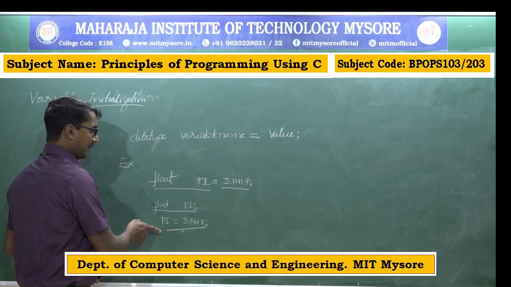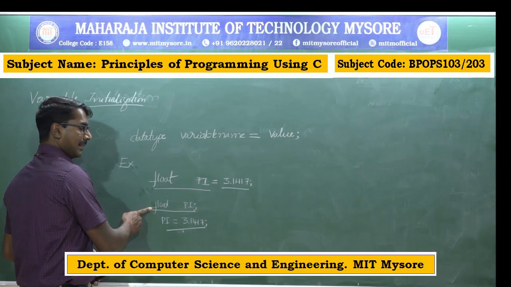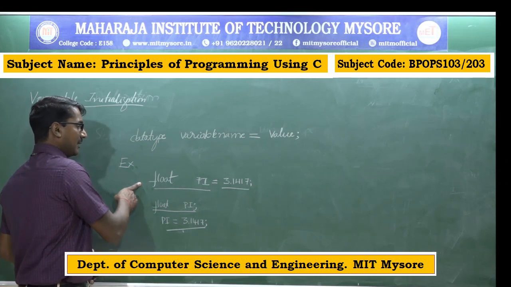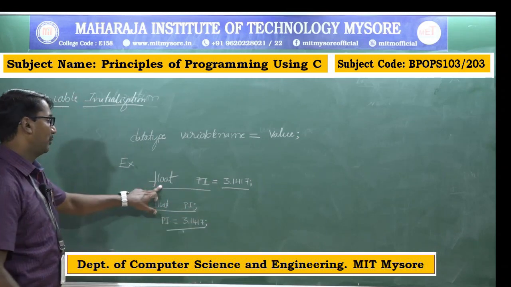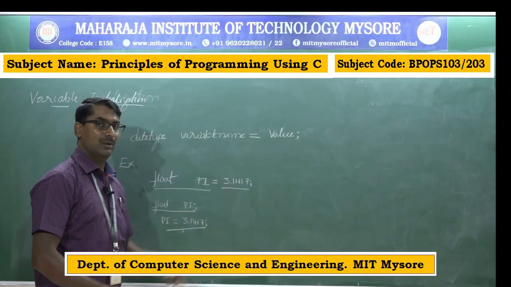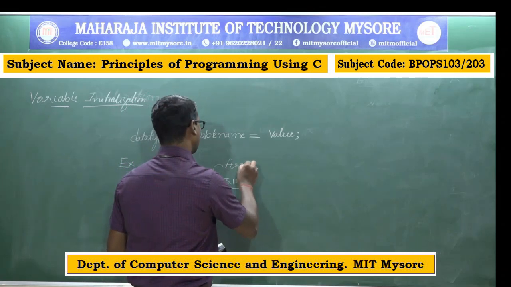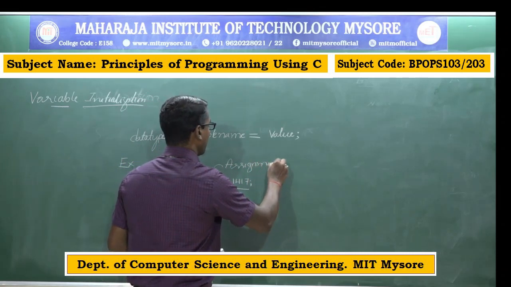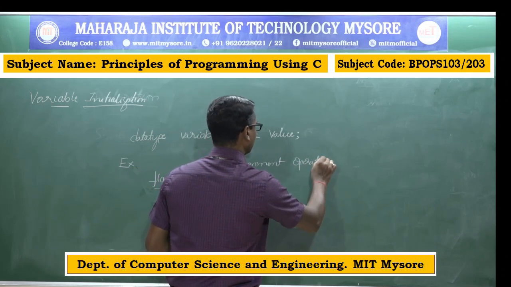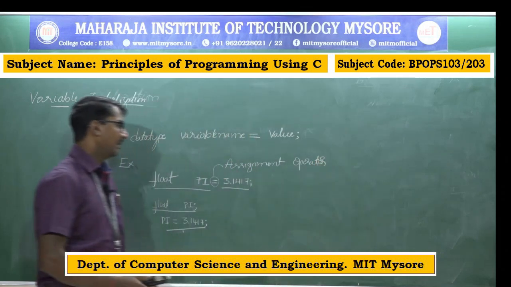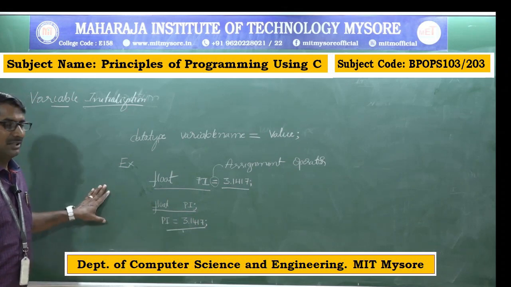Here we are using two lines, declaration in one line and assignment in another, but in the variable initialization, declaration and initialization are performed in a single statement. So float pi is equal to 3.1417. Okay, this operator is called the assignment operator. So the assignment operator is used for assigning the values. Okay, this is variable initialization.